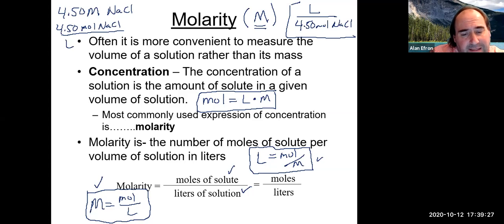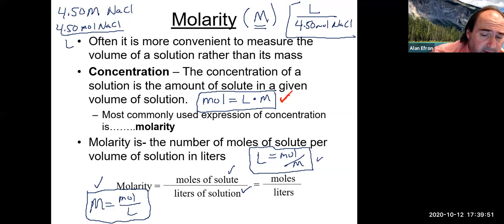Again, it's very common that you have to rearrange it like we talked about over here, and you want to solve for moles, and you need to take the liters times the molarity. Again, that is a very, very common calculation that is done using molarity.